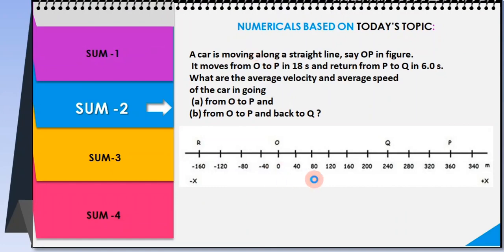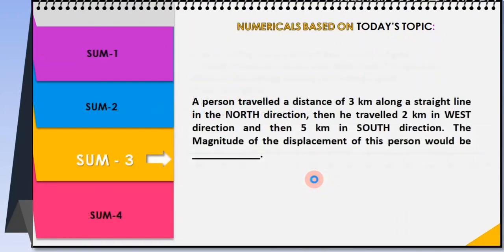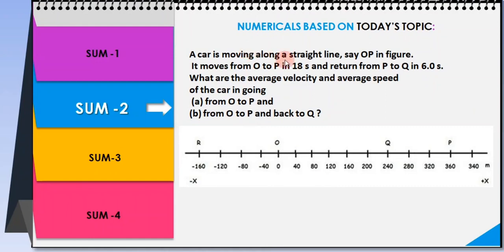It is very easy, based on a concept like the number line. A car is moving along a straight line, let's say OP from the figure. So here it is O, 0, and P over here. It moves from O to P, 360 meters, in 18 seconds, so you may find the speed.